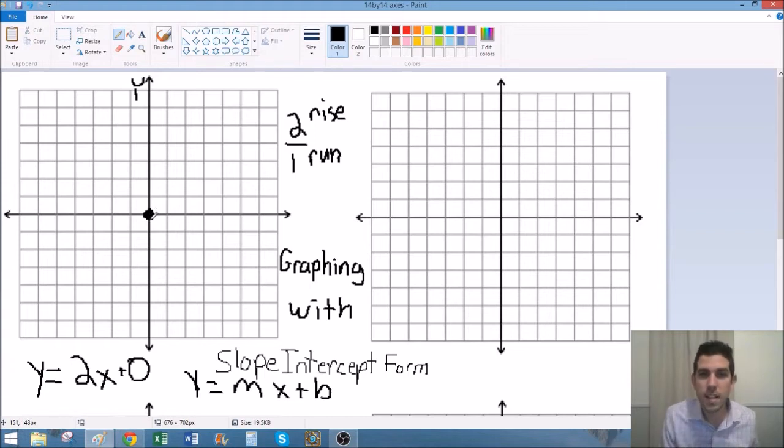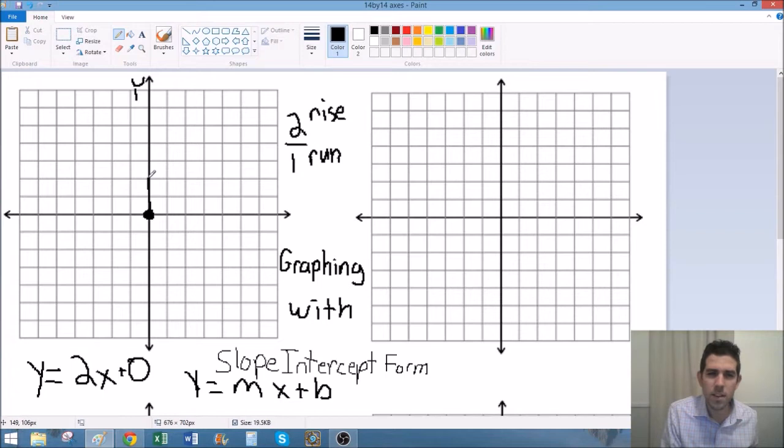Now, where's the next plot go? This is where we use our rise and our run. Our slope will tell us how to move the line. We will rise 2, run 1. What that means is go to your intercept where we started and go up 2 spaces. We just rose 1, 2, and then run 1.